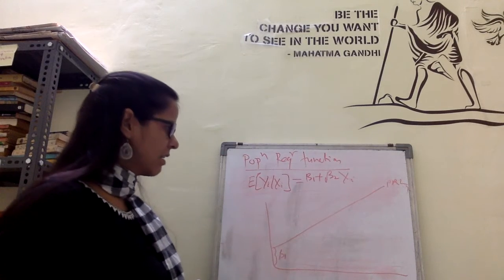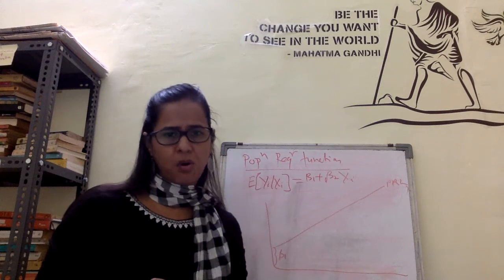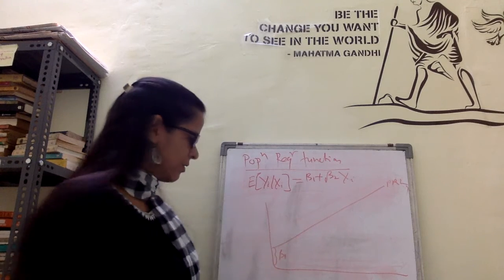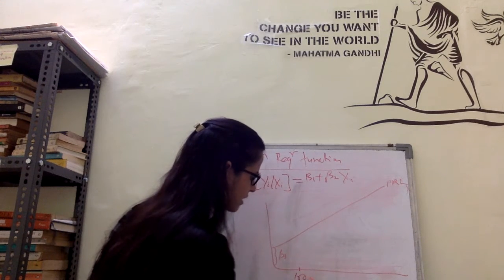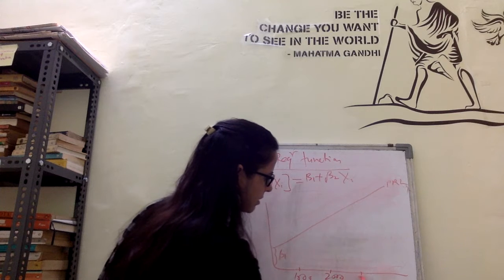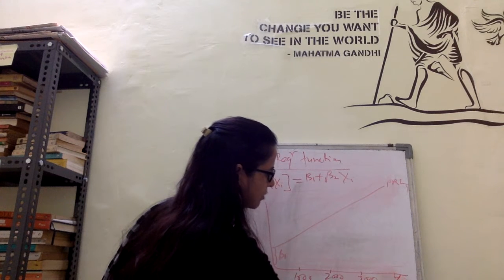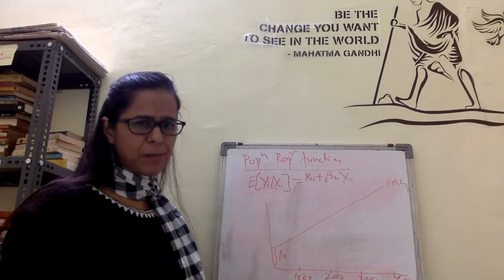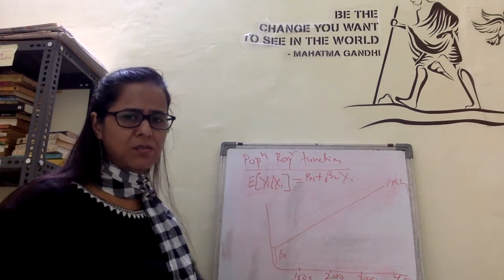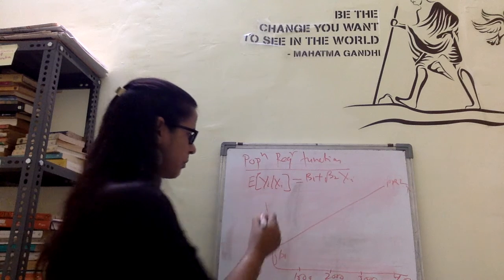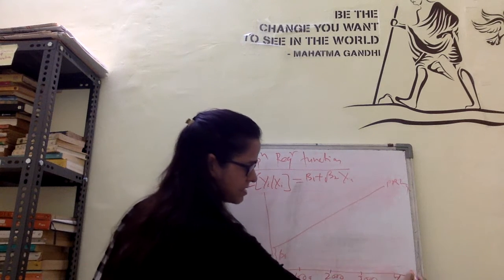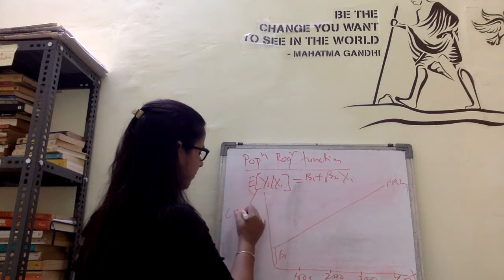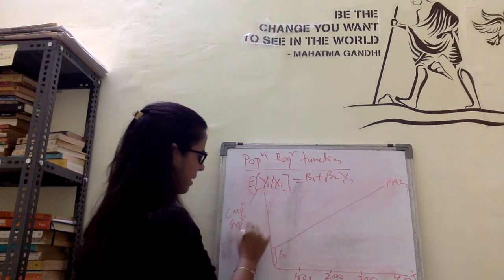Say for example, these families fall under four income groups, say 1000, 2000, 3000, and 4000. So 40 families fall in the four levels of income groups, and this represents the x-axis, which is the level of income, and y represents the consumption expenditure of the families.